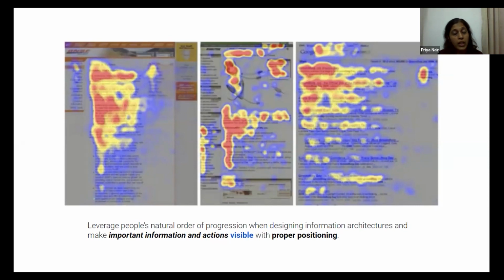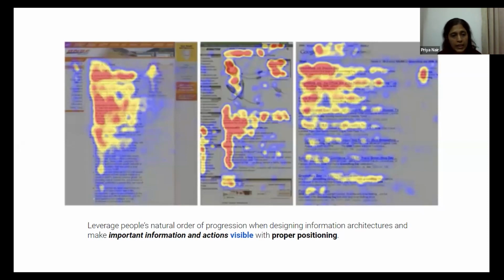Another thing they observed was that most of the users will look at the top left of the screen, right? Because that is where the search results appear, the first search result, which has a lot of importance from the user's perspective, which they feel is very critical. So that is one area where most of the users focus their attention.